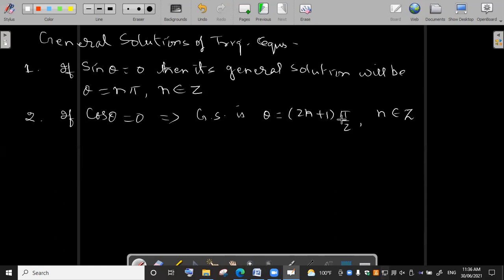Why is it 2n plus 1? Because cos pi by 2, 90 degrees, is equal to 0.